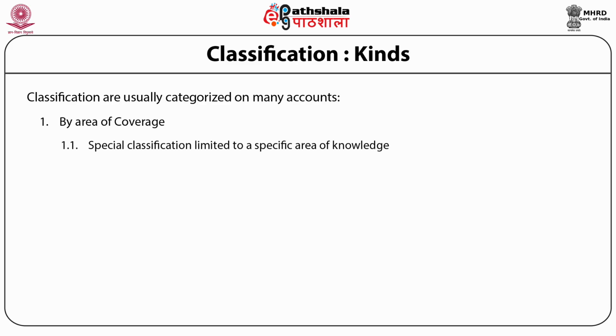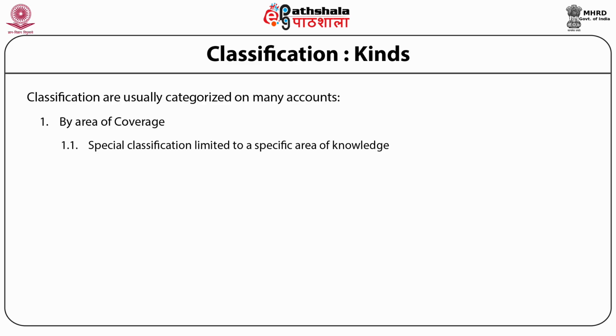The first is special classifications, which are limited to a specific area of knowledge. For example, there can be a classification for only social sciences. Not only this, a classification for economics, or a classification for interdisciplinary studies such as Indology, classification for women's studies, classification for children's studies, and so on.